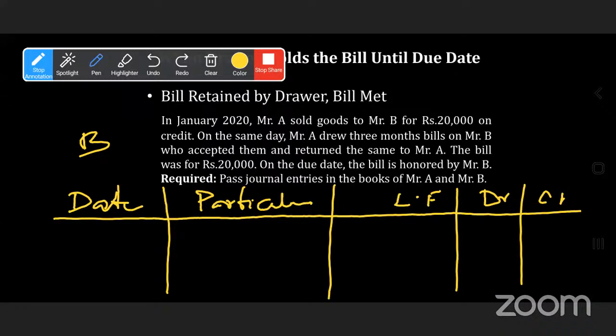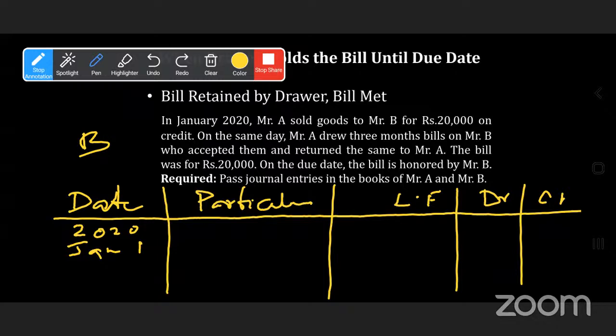Yes, ma'am. Date. On the date, you have to write 2020, January 1st. When the date is mentioned, you have to write that date. But if the date is not mentioned, just January 2020, you may not know the date. So in that case, you have to assume that it is on January 1st.